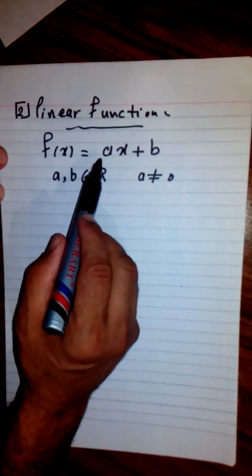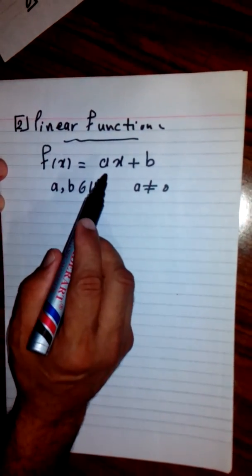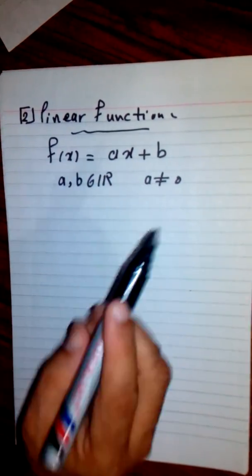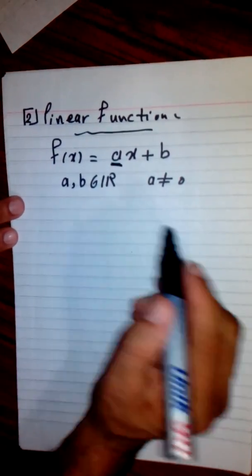It is represented as a straight line intersecting the x-axis at a point. a may be positive, may be negative.